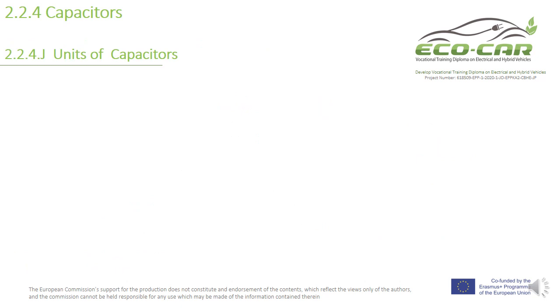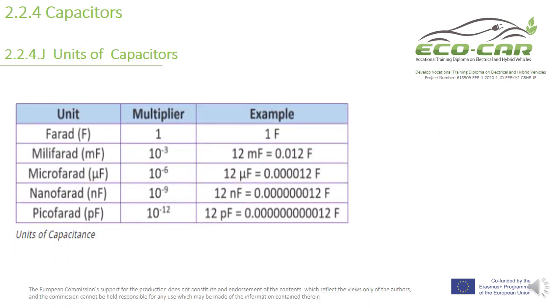Units of capacitors: farad, millifarad, microfarad, nanofarad, picofarad. Farad is multiplied by 1, microfarad by 10 to the minus 6, milli 10 to the minus 3, nano 10 to the minus 9, pico 10 to the minus 12.